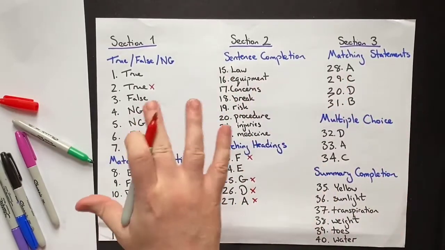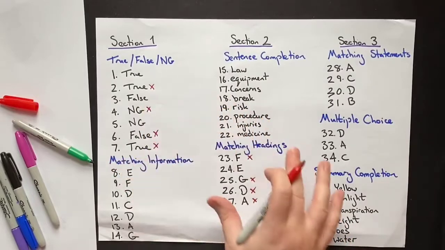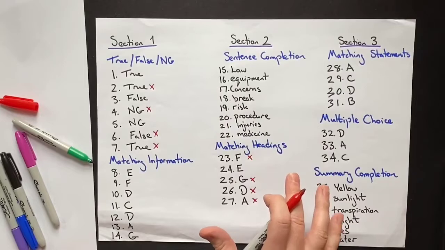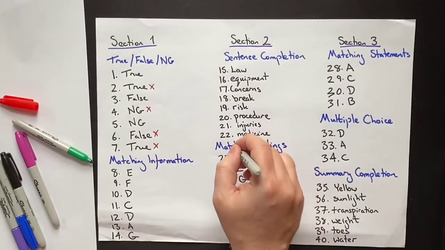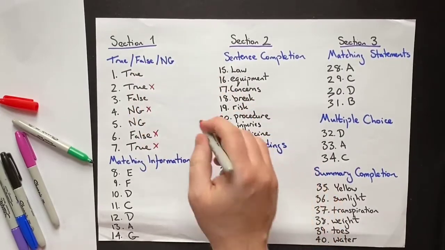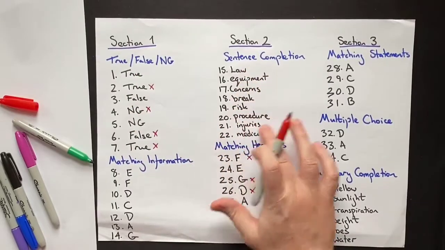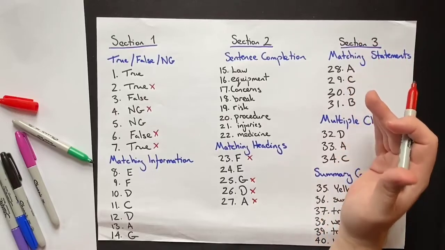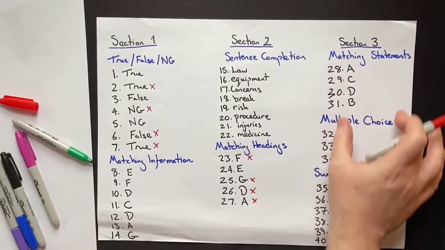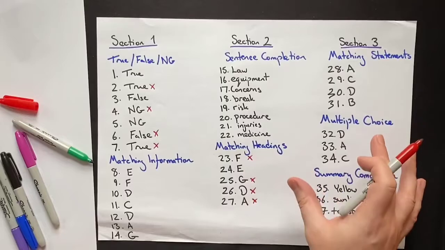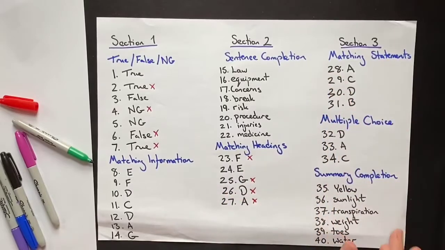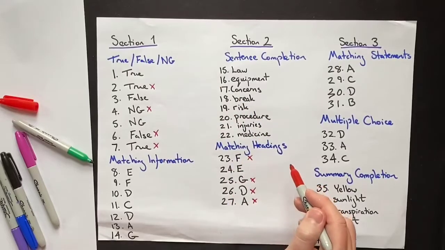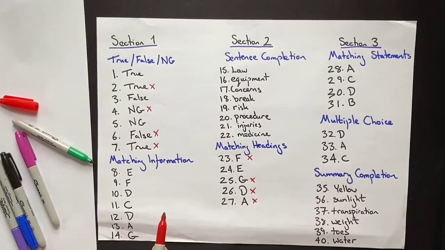By looking at their wrong answers, we can see that for this particular type of student, what they need to do is just focus on 2 question types. They have got all of these correct, and section 3 is the most difficult part. So it shows that there's no problem with their reading skills, no problem with their vocabulary, but every time they get a true, false, not given question or a matching headings question, they're very likely to get that question wrong.